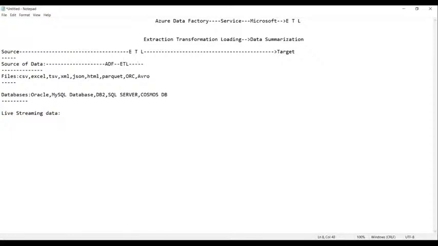After that, the data is loaded into the destination. Target can also be referred to as destination. Okay, guys, clear everyone?